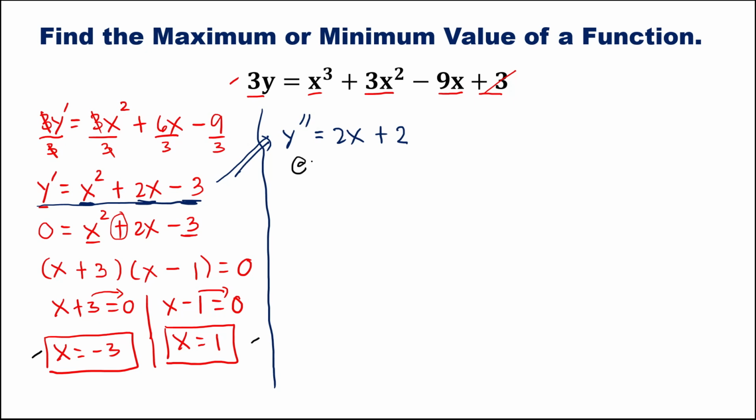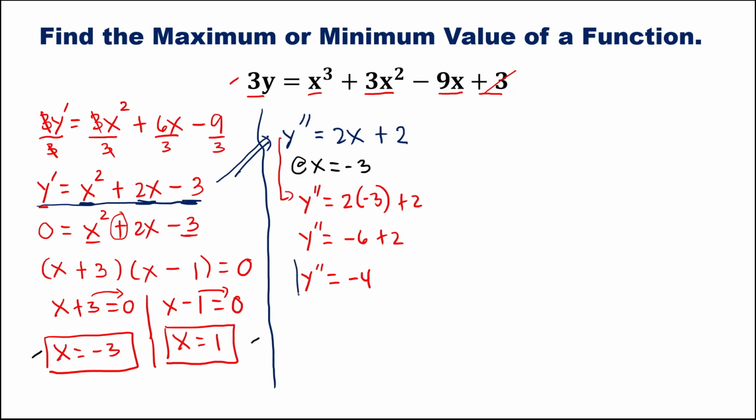So for x equals negative 3, this becomes y double prime equals 2 times negative 3, then plus 2. Then we have y double prime equals negative 6 plus 2, so y double prime equals negative 4.